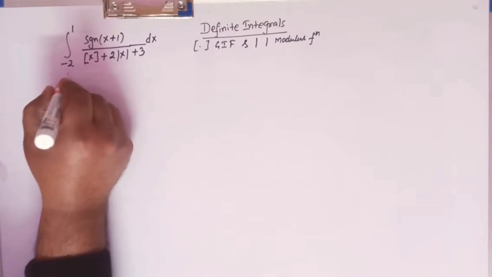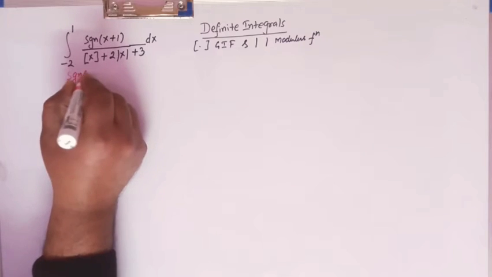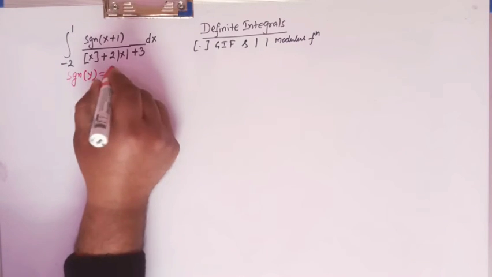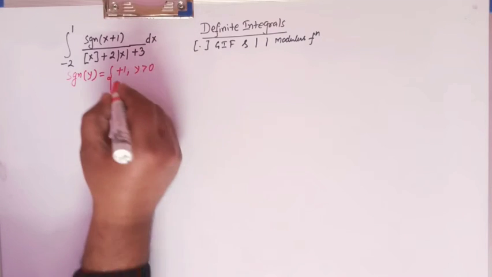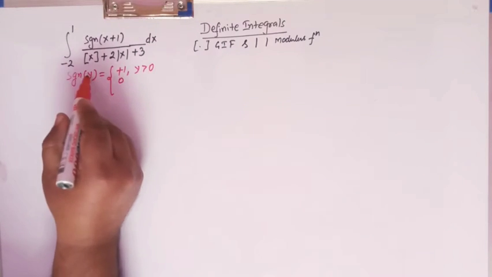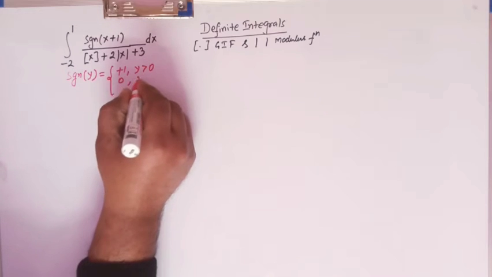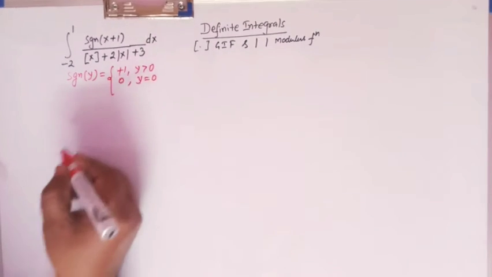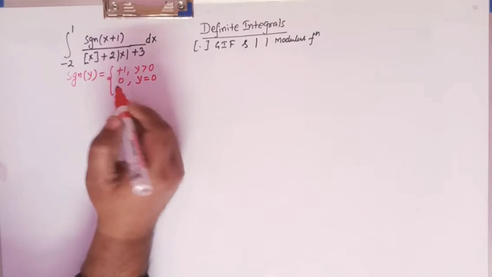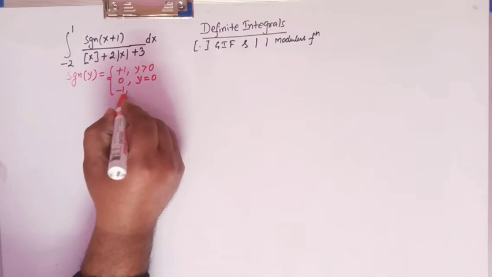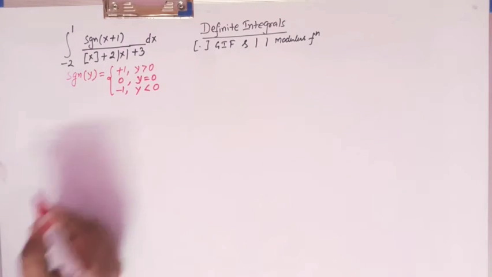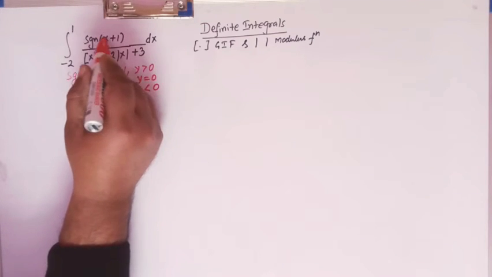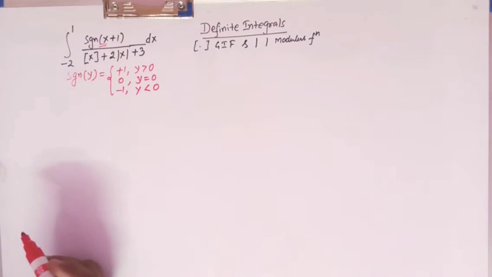Now we know that signum of y is equal to +1 whenever y is greater than 0, signum of y is equal to 0 whenever y is equal to 0, and signum of y is equal to -1 whenever y is less than 0. Here we have signum of x + 1.